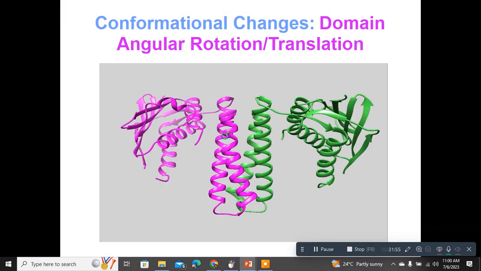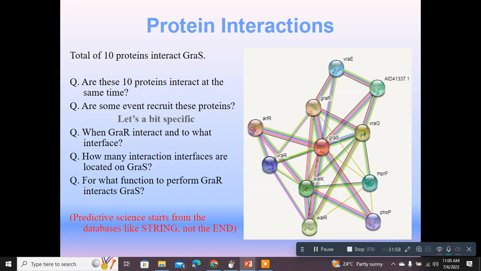So in this figure you can see a simple protein, I have developed this figure from the STRING database. So let's say this is GRAS.